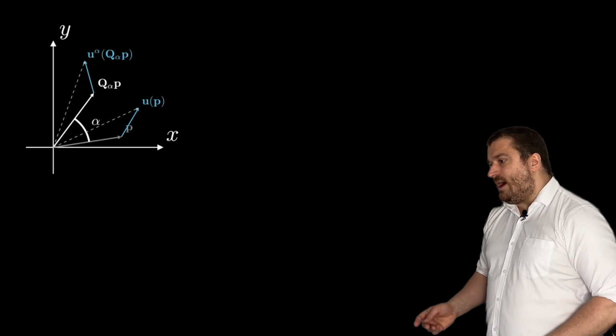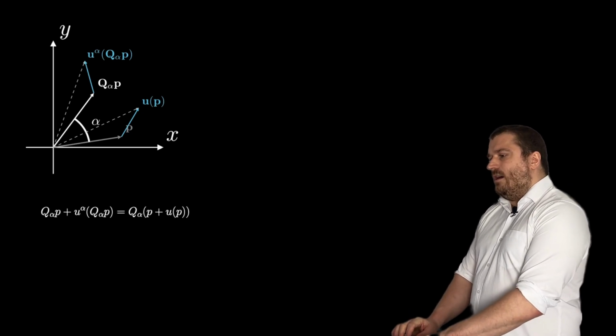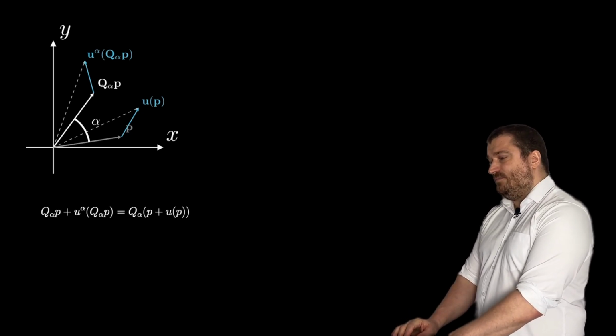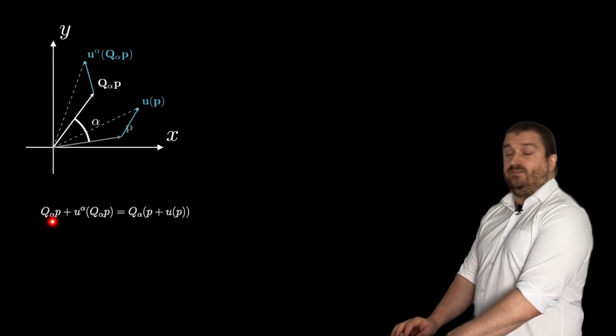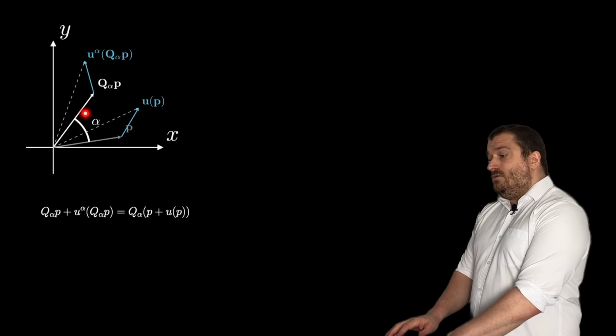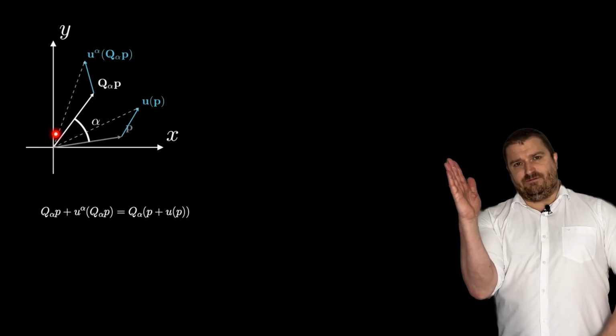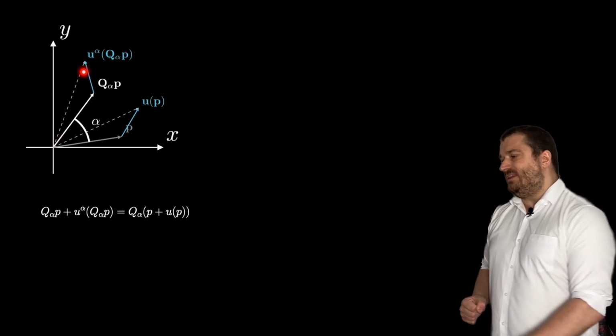It's pretty simple. So the way to think about it is that Q alpha of P, which is this point here, that is to say it's the rotated vector Q alpha of P, plus U alpha of Q alpha of P, which is the displacement vector that has itself been rotated.